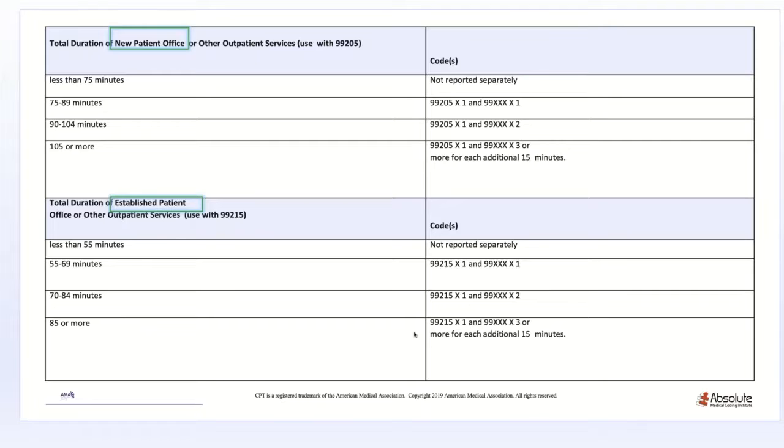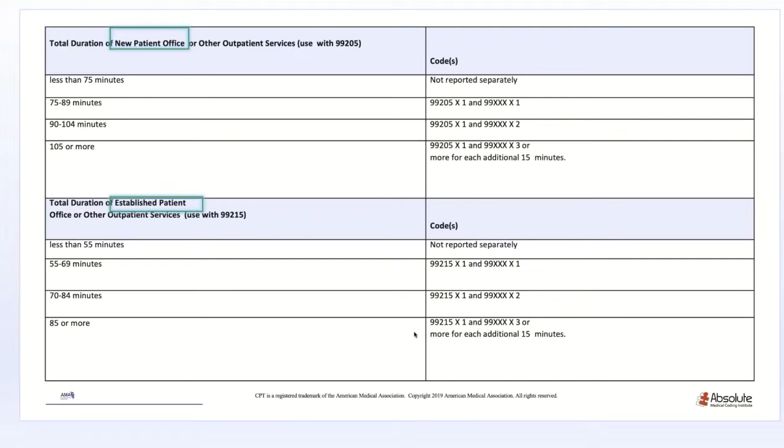Now you might say, we have a time feature, a new time guideline for 2021, but let me be the first to tell you that if your encounter is more than 75 minutes for a new patient and more than 55 minutes for an established patient, you do not use your time guidelines for office visits.